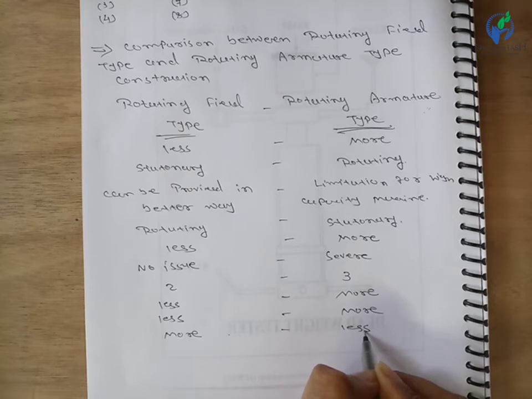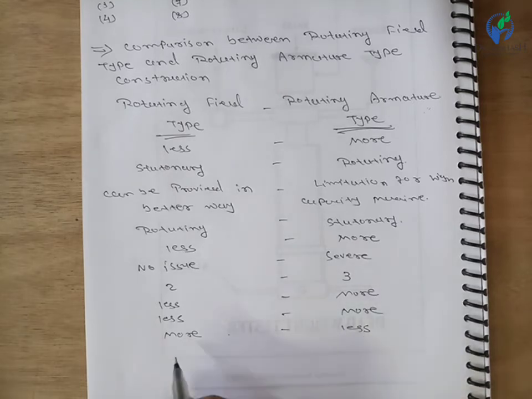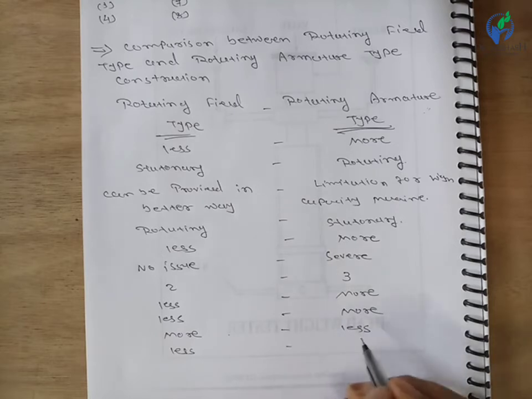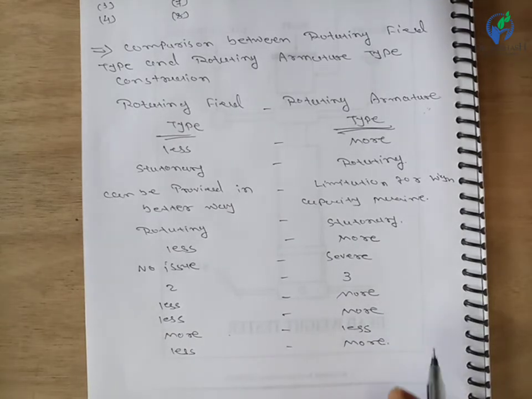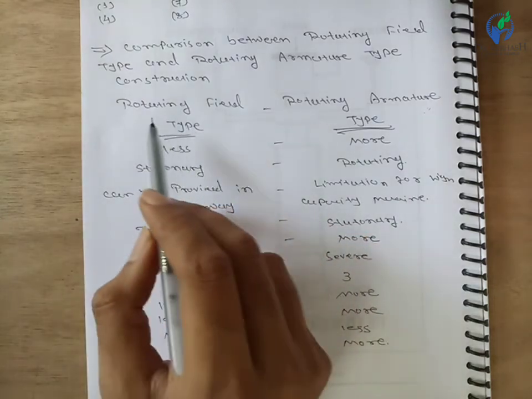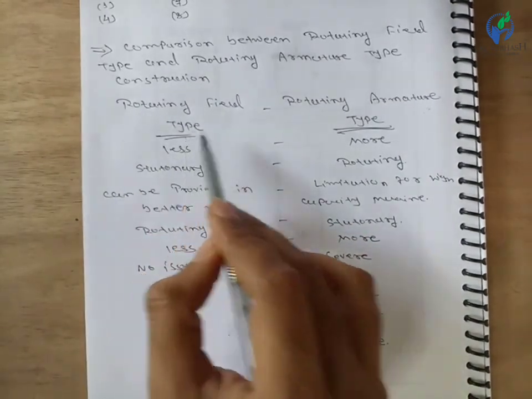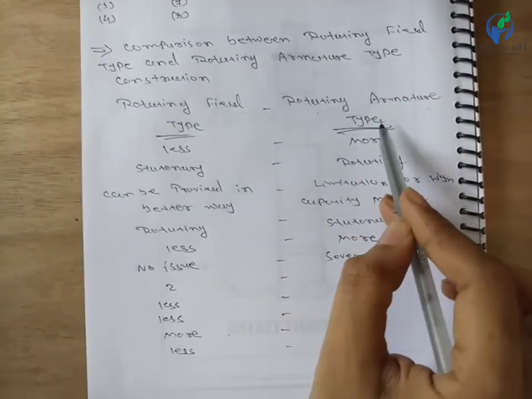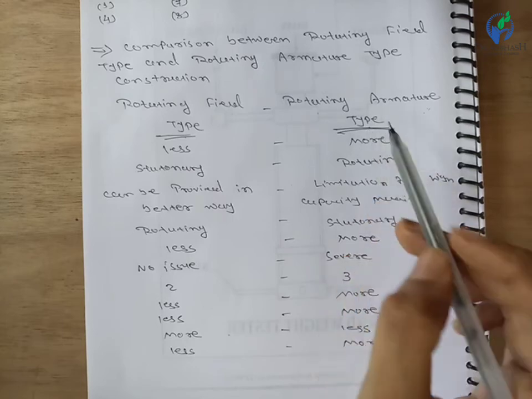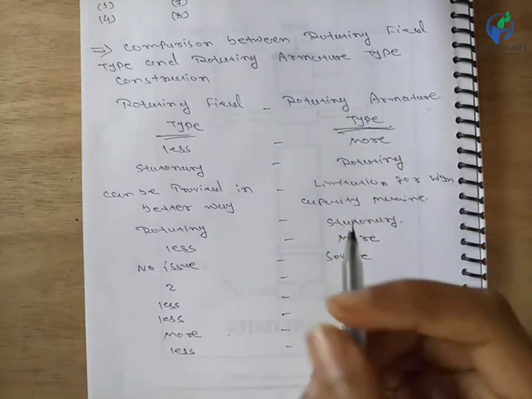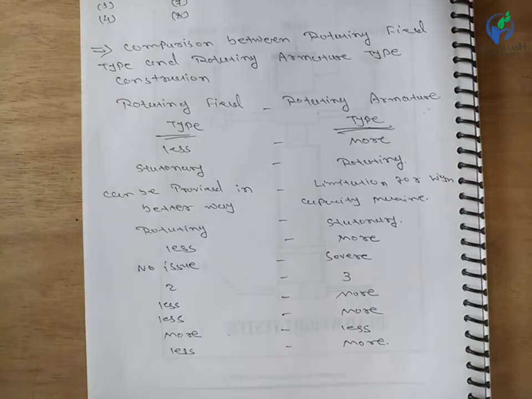From the temperature rise point of view, the rotating field type machine has less temperature rise, while in the rotating armature type, the temperature rise is more. So this is the comparison between the rotating field type system and the rotating armature type system. So from various points of view we can make this comparison.